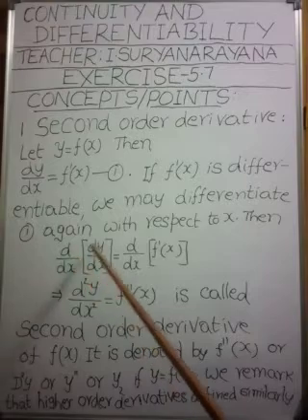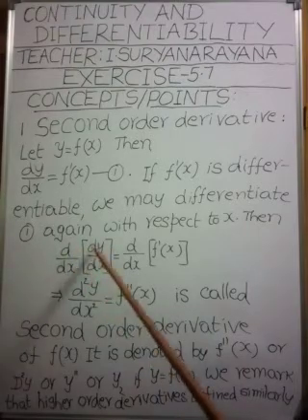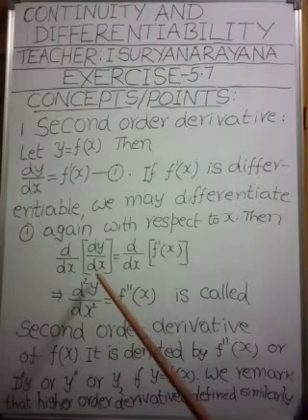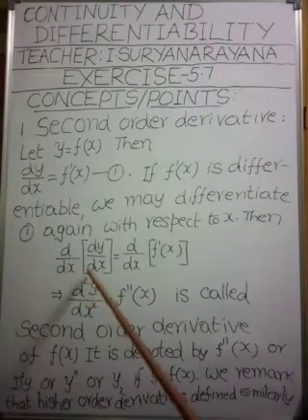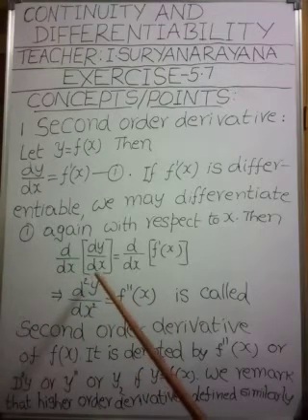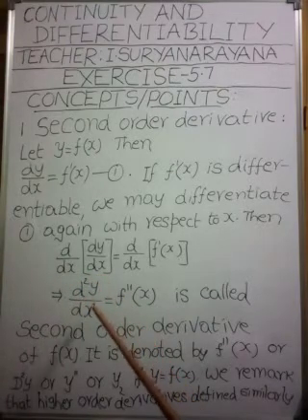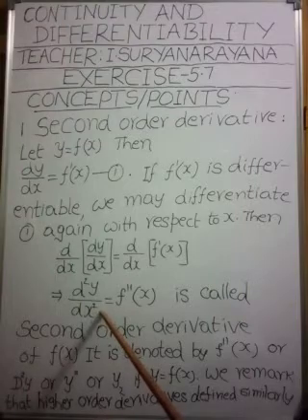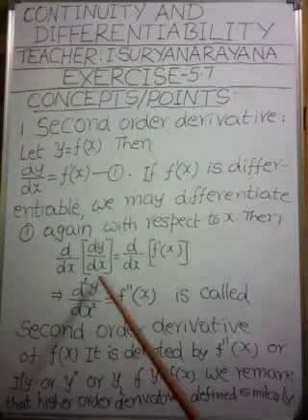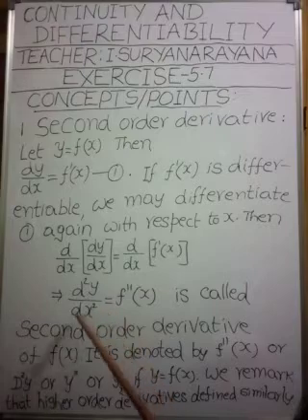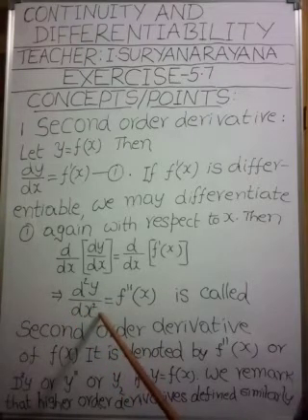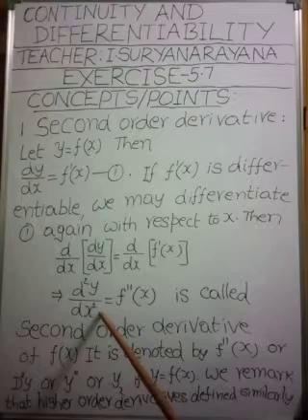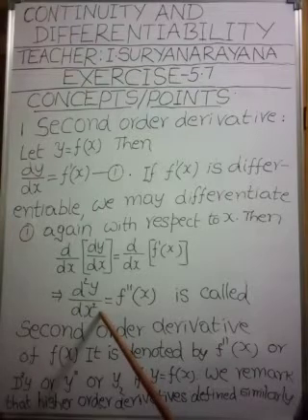It is okay in the numerator, d into d square y, but in the denominator don't multiply as an algebraic expression. Don't write d square x square. It is a wrong notation. This is correct notation. Understood, my dear children? D square y by dx square only. Don't write in the denominator d square x square. Remember this point, my dear children. Keep this point in your mind.